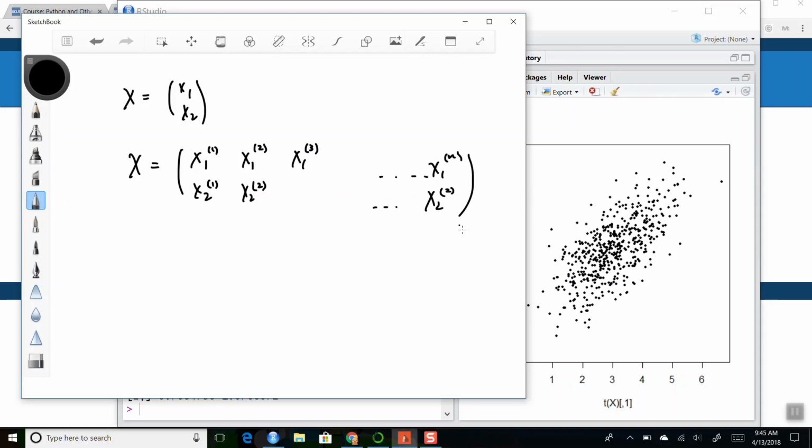Now, R is expecting x to look more like this. So I'm transposing it that way.